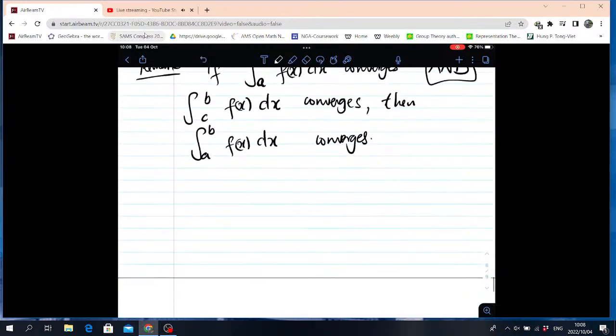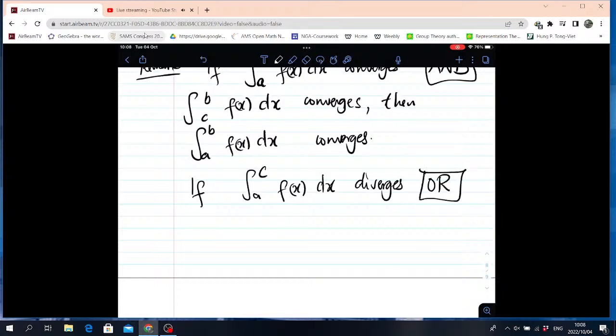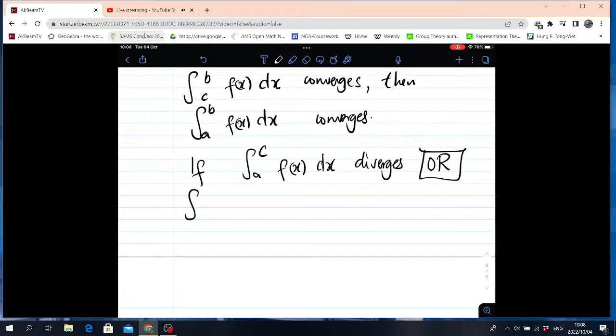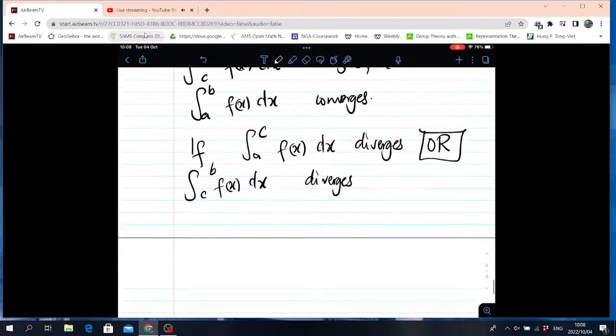Now, if either one of them diverges, then we would expect that the whole integral also diverges.